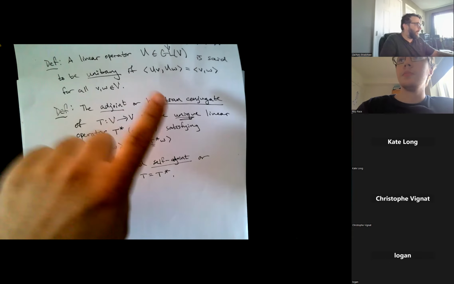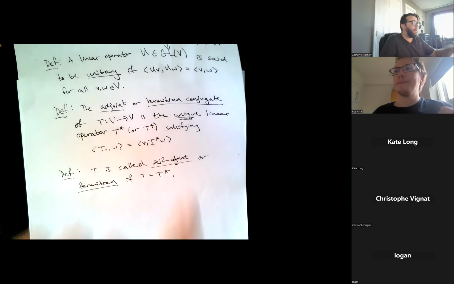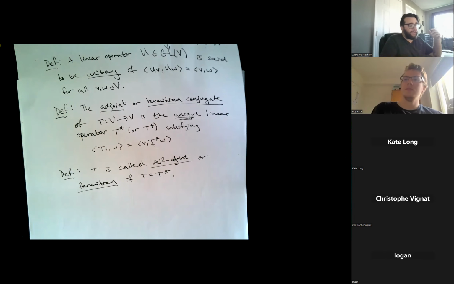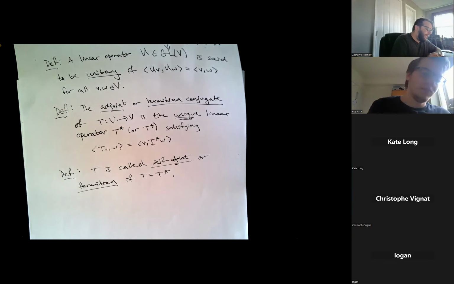So this definition of unitary here is equivalent to the one where we say U dagger U is equal to the identity. And that's not hard to see.